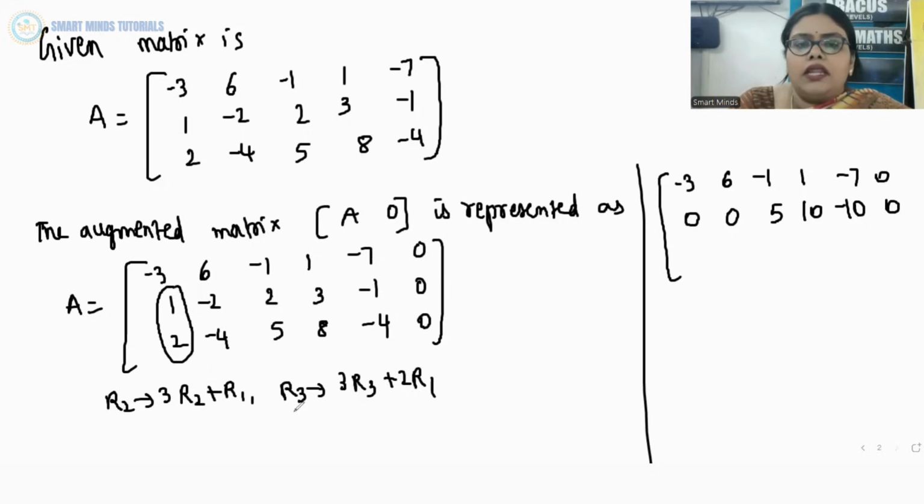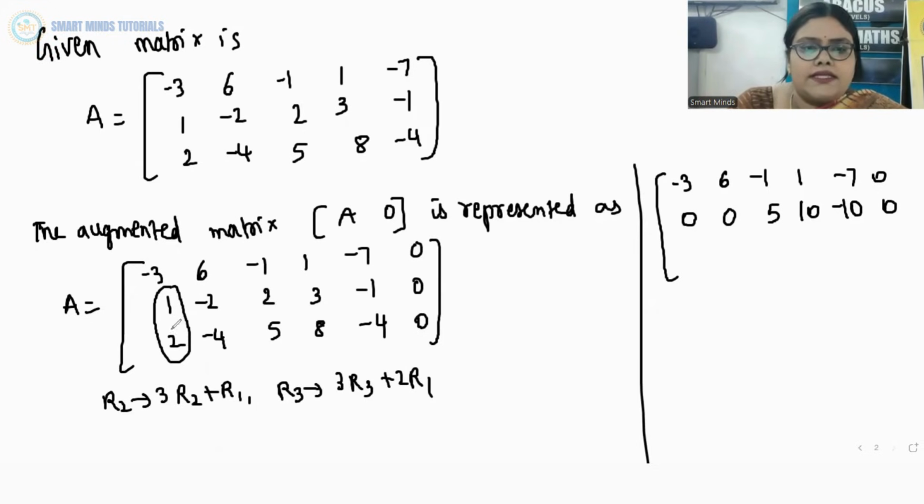Now R3, what we are doing? 3R3 plus 2R1. So 1 into 3 is 3, and -3 into 2 is -6. 3 minus... 6 minus 6 will become 0. Now -4 into 3 is -12. 6 into 2 is 12. 12 minus 12 is 0. Now 5 into 3 is 15 plus 2R1, so -1 into 2 is -2.